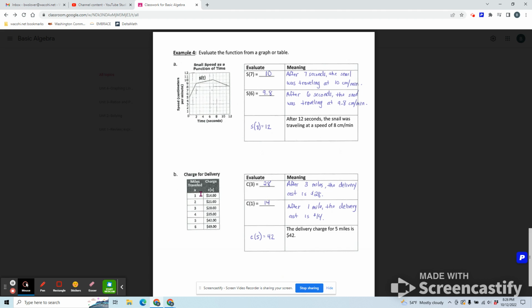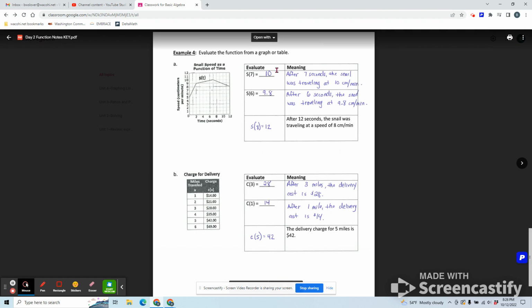Down here, it's talking about a charge for delivery. However many miles you are depends on how much it's going to cost. This is saying evaluate and then meaning. The function notation is the evaluation, and the meaning is you describing what it means.